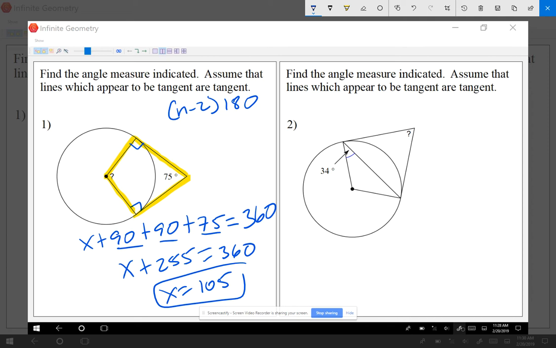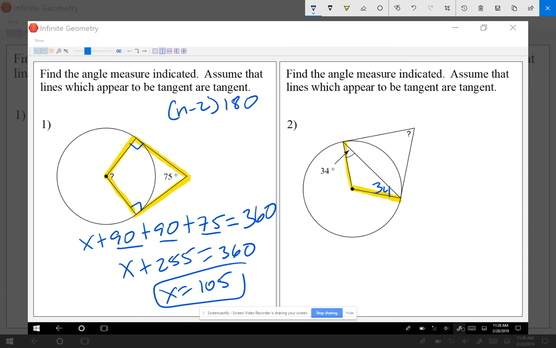Now looking at question number 2, a triangle that has two sides that are equal is an isosceles triangle, so two angles are equal. I highlighted my radius, one radius and the other radius, so radii, plural, just to see that I have a 34 degrees, and this other corner here should also be 34.